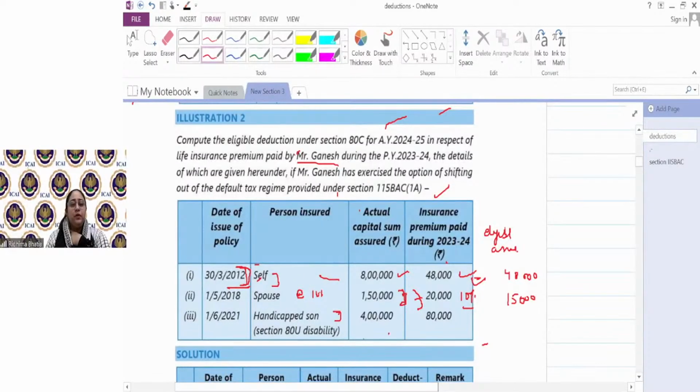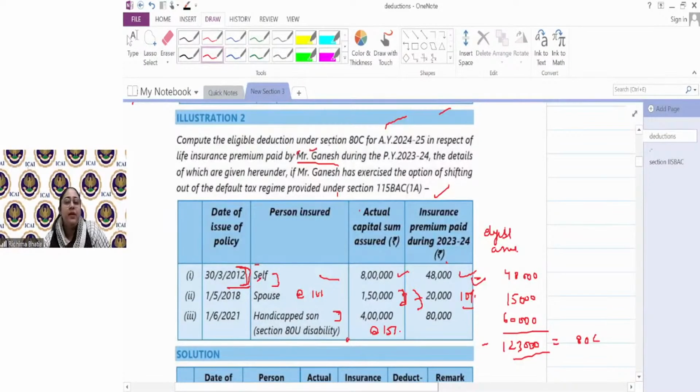Maximum premium is at the rate of 15%. So 15% of 4 lakh, guys, is 60,000. So the maximum premium which would be allowed here is 60,000. The total premium allowed in the three policies is 48,000, 15,000 and 60,000, which comes to 1,23,000, allowed as deduction under Section 80C for life insurance premium paid by the assessee, who is Ganesh.